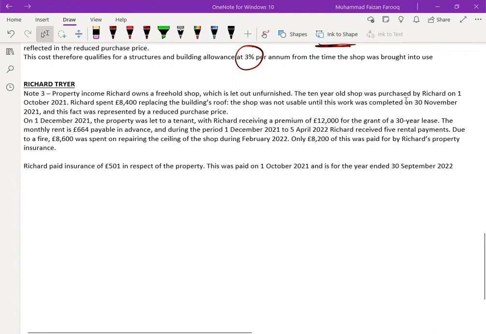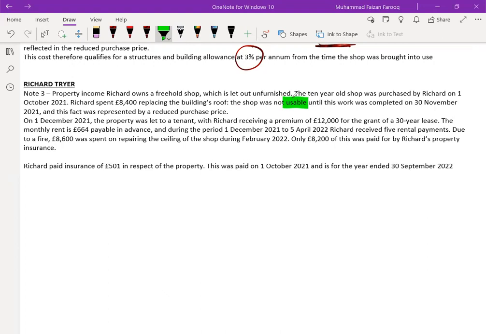The 10-year-old shop was purchased by Richard on 1st October 2021. Richard spent £8,400 replacing the building's roof. The shop was not usable until this work was completed on 30th November 2021, and this fact was represented by a reduced purchase price.